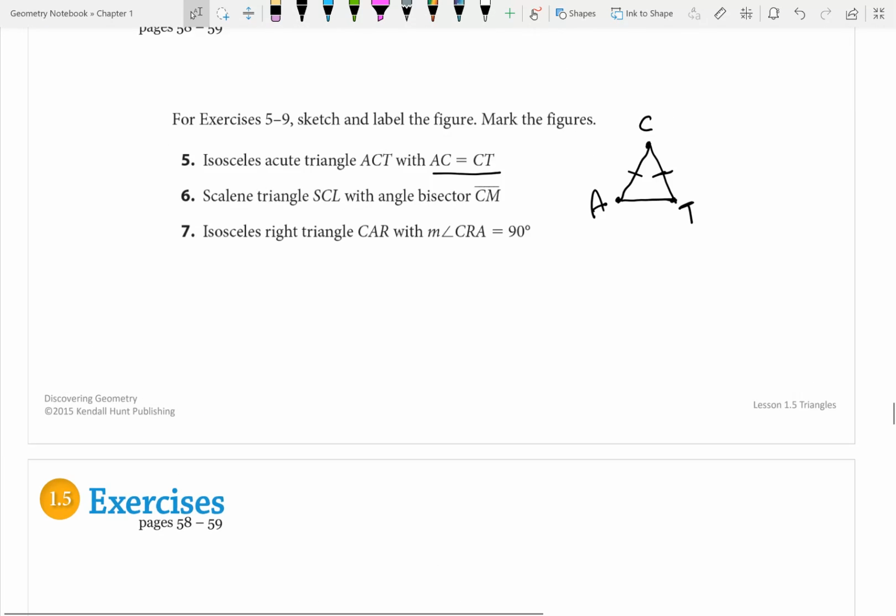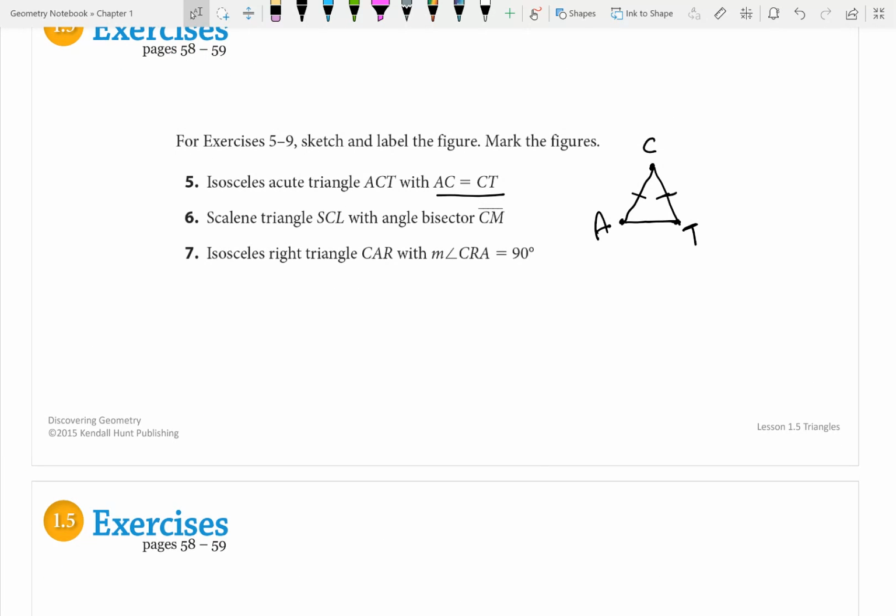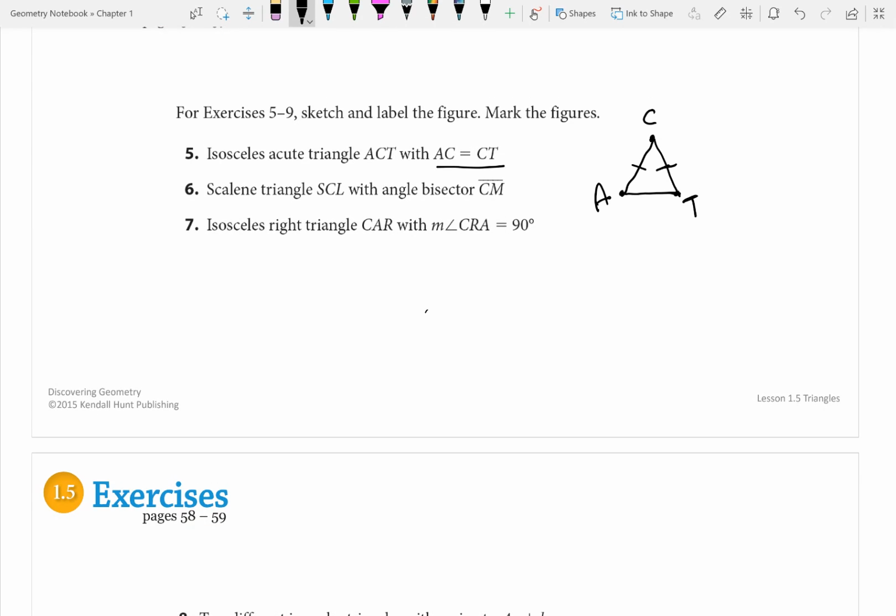Number 7, isosceles right triangle CAR with the measure of CRA equal to 90 degrees. So let's see here. So I'll put R here. Okay, so this is going to be CRA is 90. That's going to be a right angle.